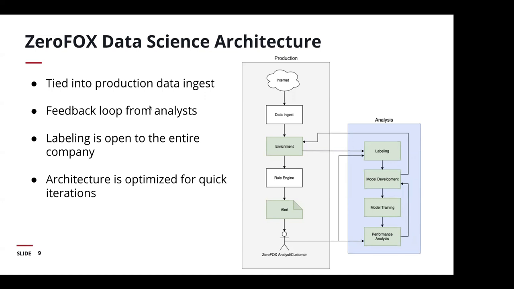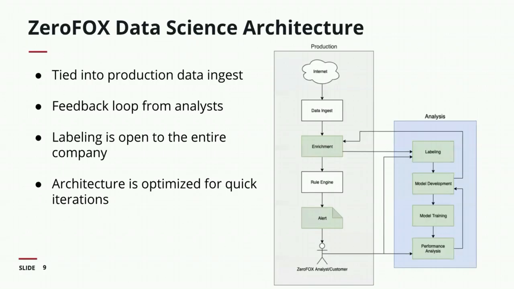Once that information gets surfaced, this flows back into what I call our analysis system. So once an analyst or a customer has taken action on the content flowing through our system, we'll take that back and we can use that as a label. So I'll start back with this analysis section then. In this case, we have analysts and customers essentially labeling this data for us. When that happens, it flows into our analysis system.